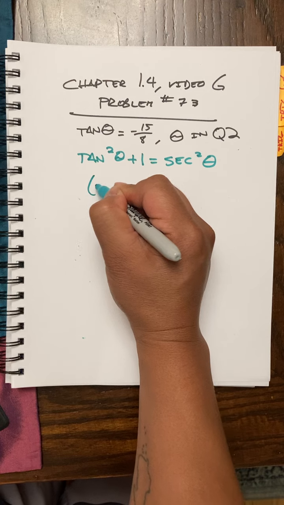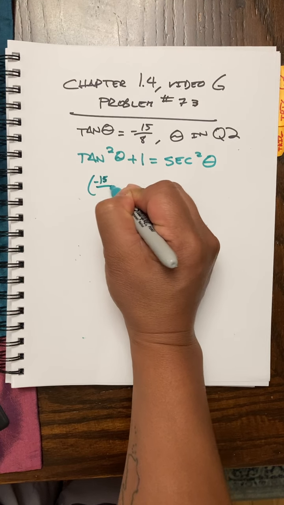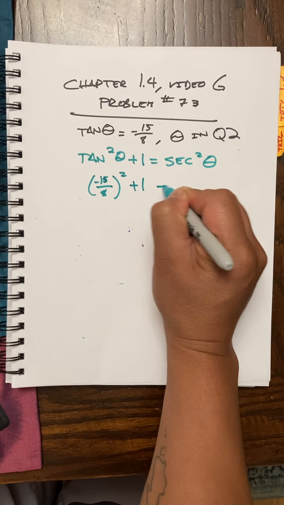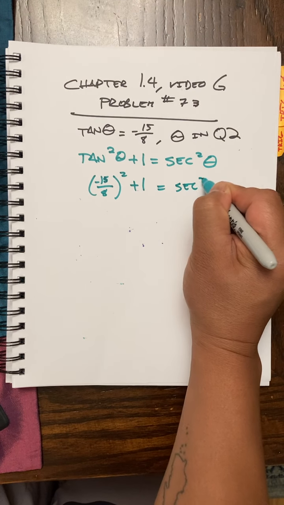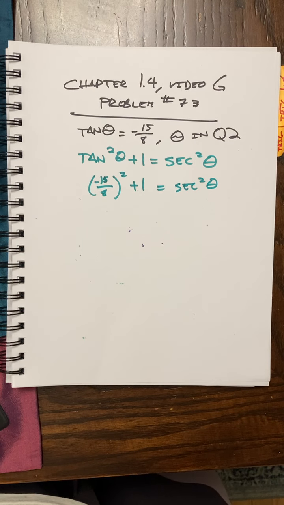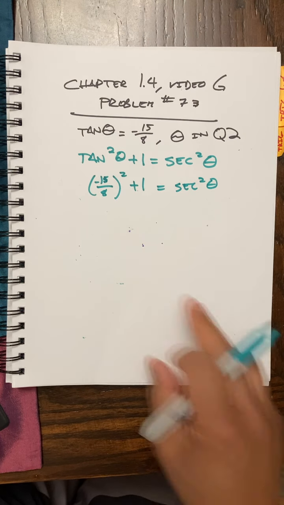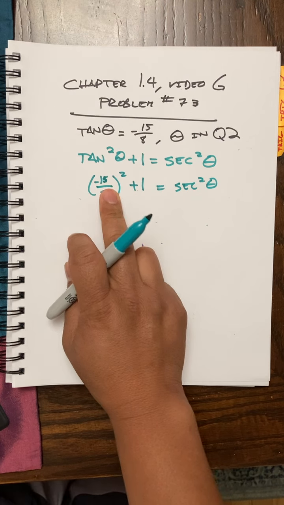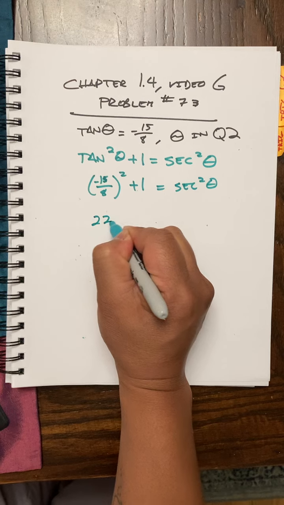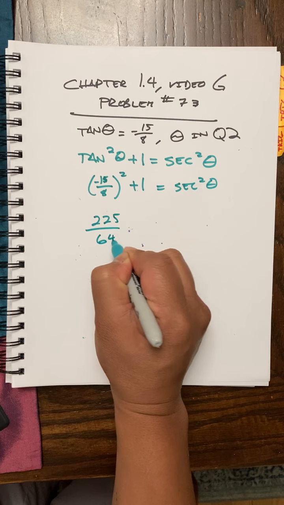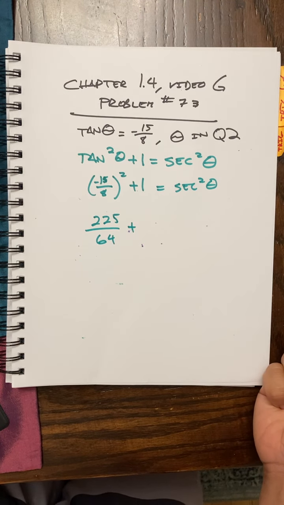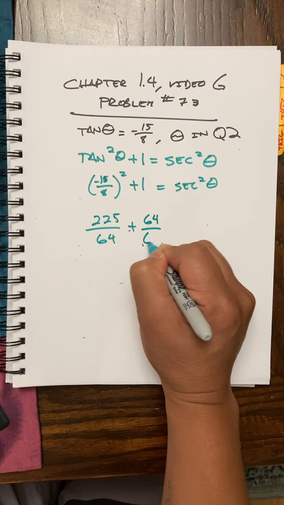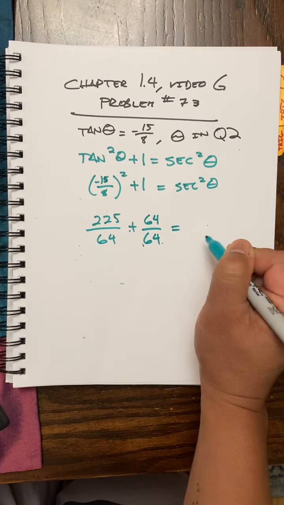Tangent squared theta, that's negative 15 over 8 squared plus 1 equals secant squared theta. Okay, once I go ahead and do that, 15 squared is 225 over 64 plus, now instead of 1, I'm going to go 64 over 64 just to get the same denominator.